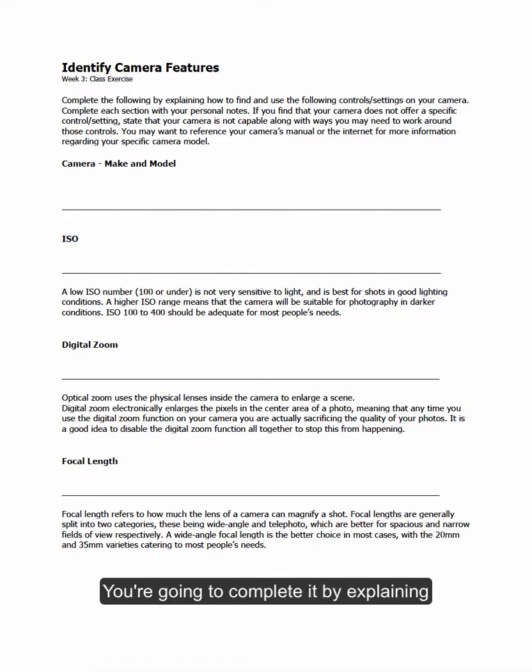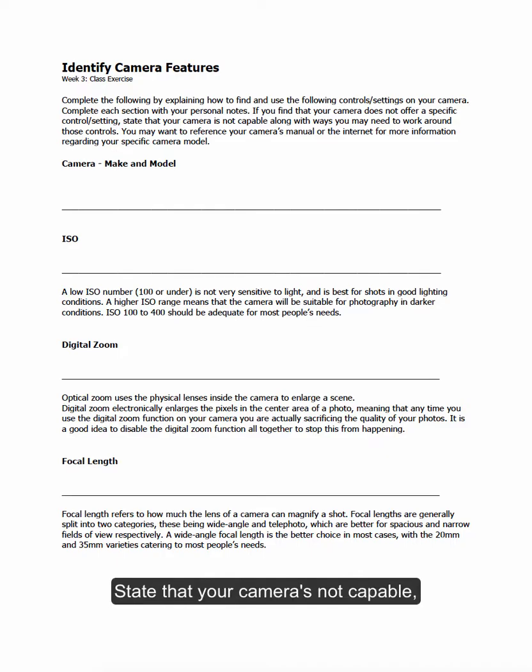You're going to complete it by explaining how to find and use the following listed controls or settings on your camera. I would suggest that you complete each section with your personal notes. If you find that your camera does not offer a specific control or setting, state that.